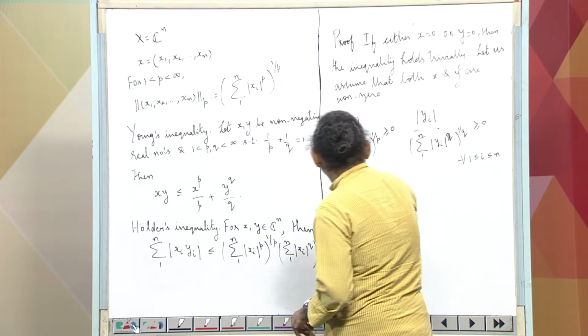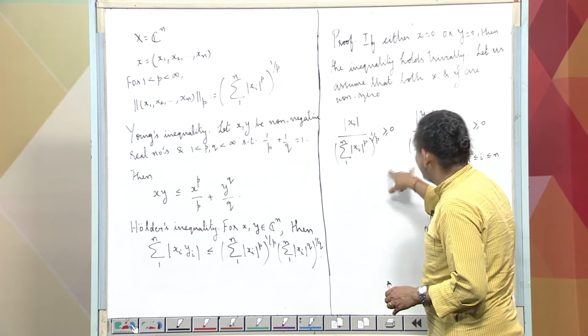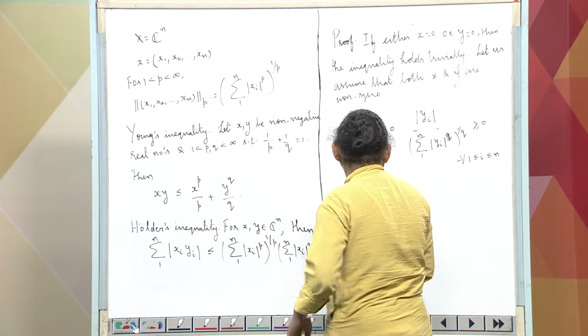Now, let me use these two non-negative real numbers in this inequality. So, what will you have?